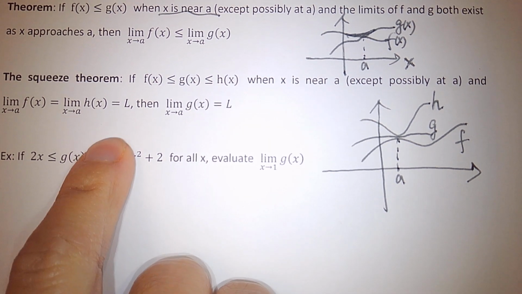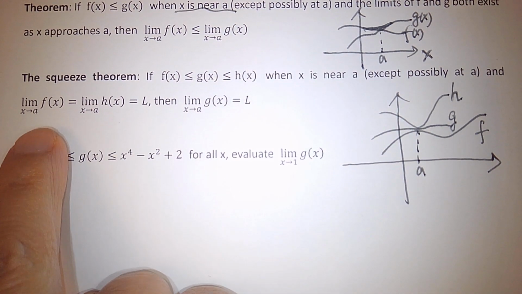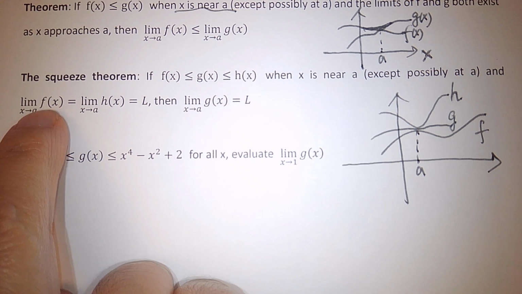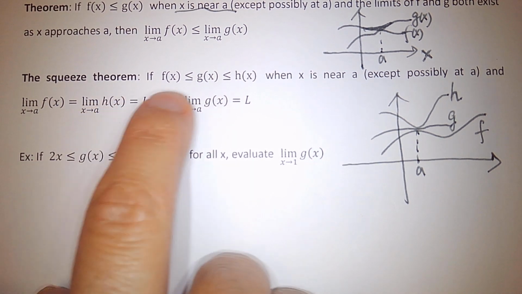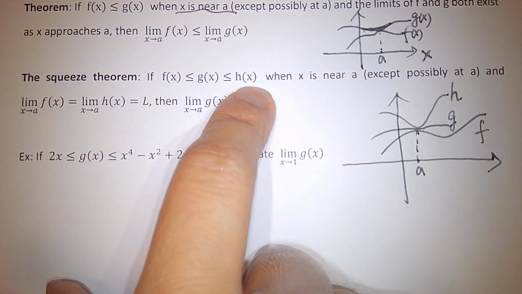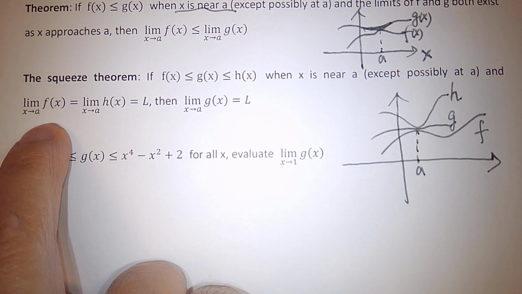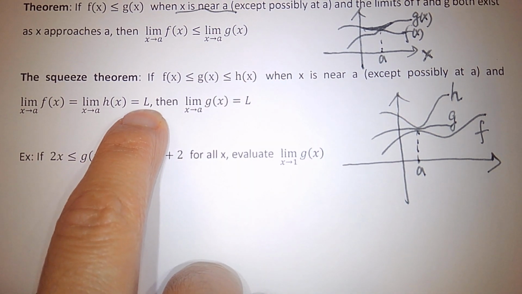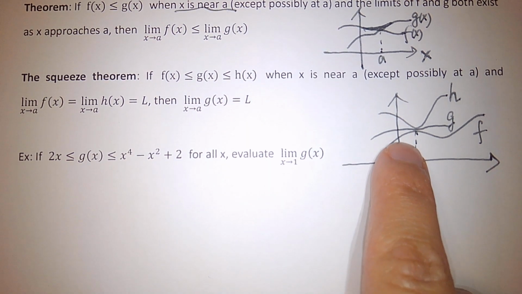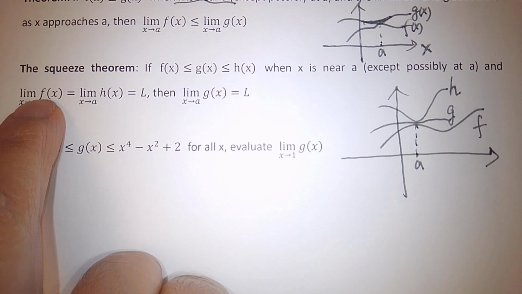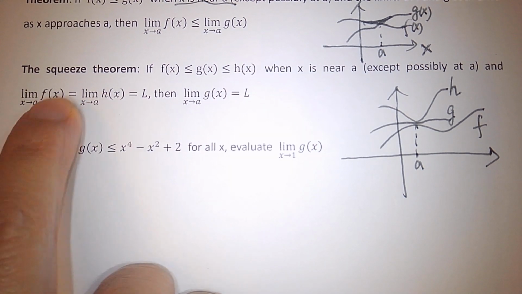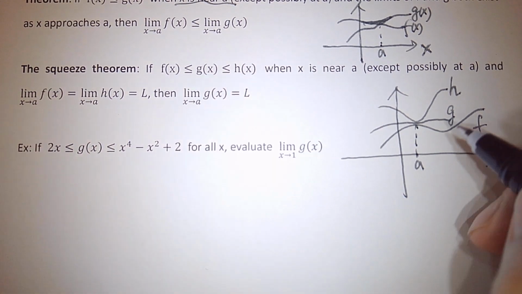Here it says the limit of the lowest function equals the limit of the highest function, when x approaches a, equals what? L. Geometrically, can you tell? Does this graph satisfy that the limit of f and the limit of h when x approaches a equal the same L?